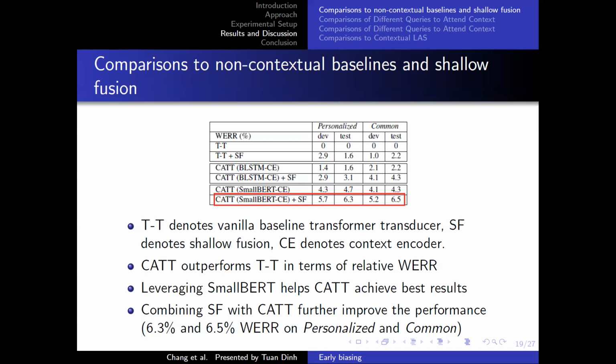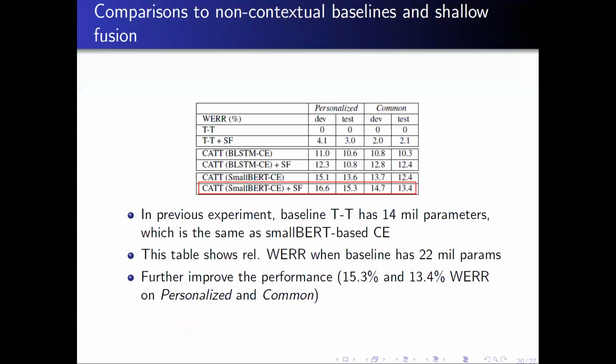And lastly, combining shallow fusion and CAT further improves the performance by 6.3% relative word error rate reduction for the personalized test set and 6.5% for the common test set. Note that the small BERT encoder has 14 million parameters, which is similar to the baseline transformer transducer.